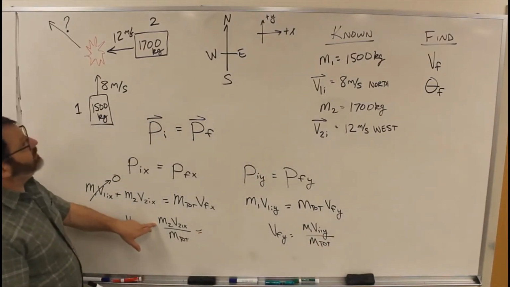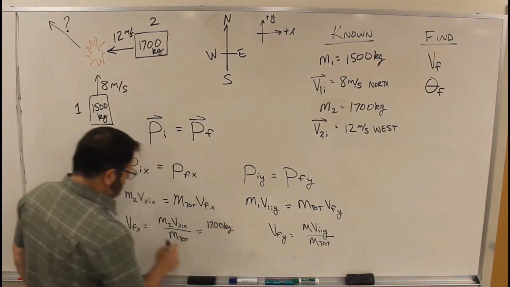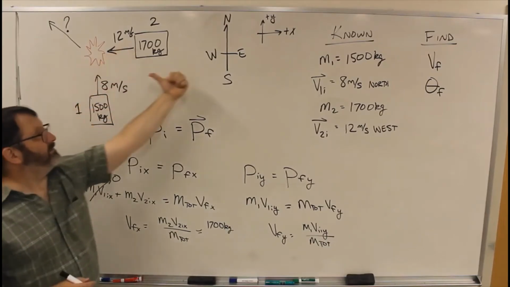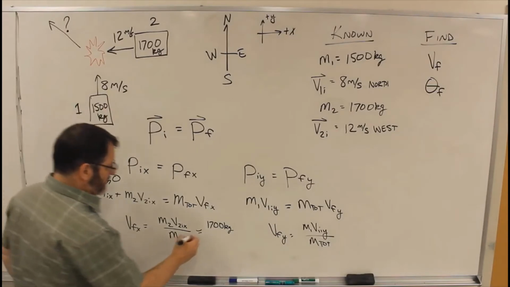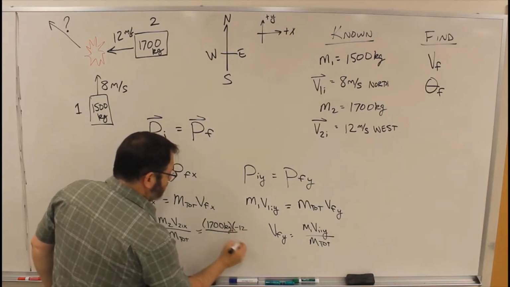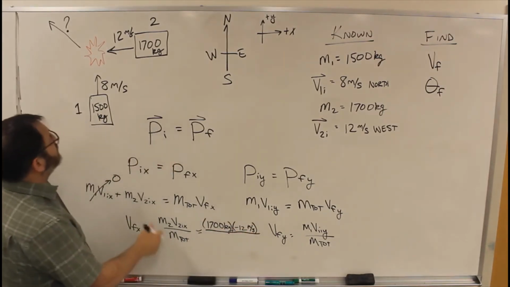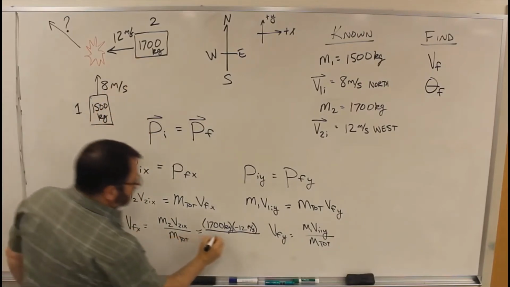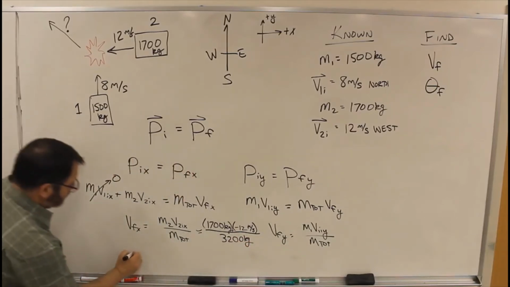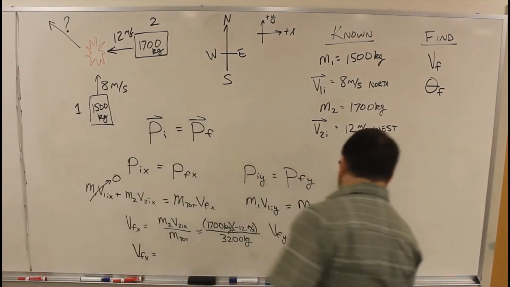So this one, M2, is 1700 kilograms. V2 initial in the x direction, 12 meters per second, negative x. So negative 12 meters per second. And then M total, 1700 plus 1500, 3200 kilograms. So V final x, we can get from that. Same thing here.